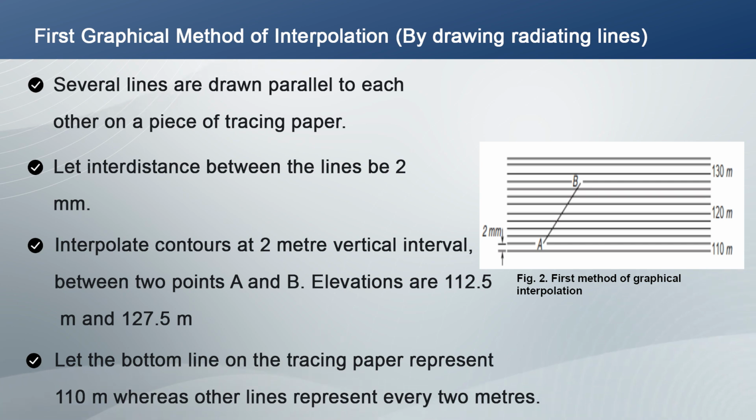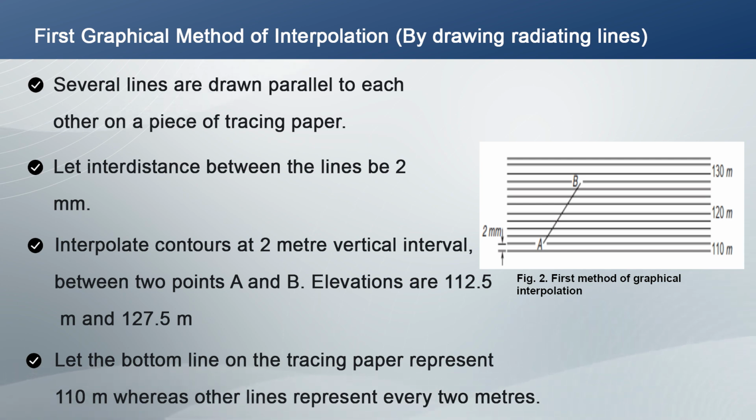In this method, several lines are drawn parallel to each other on a piece of tracing paper. See figure number 2 and let the interdistance between the lines be 2 mm. Every fifth line may be drawn heavier to facilitate easy contouring.